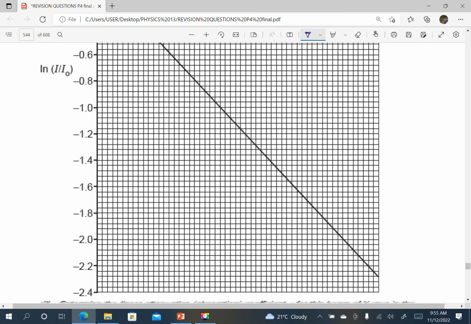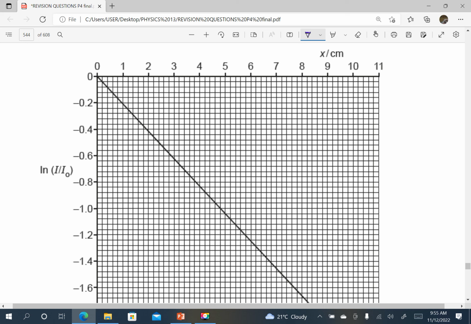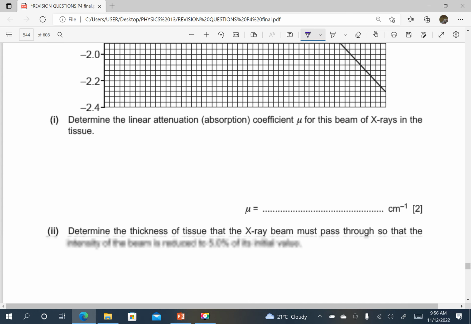So this is a graph of ln of I over I naught against the thickness x. Determine the linear attenuation or absorption coefficient mu for this beam of X-rays in the tissue. So we want to determine mu.